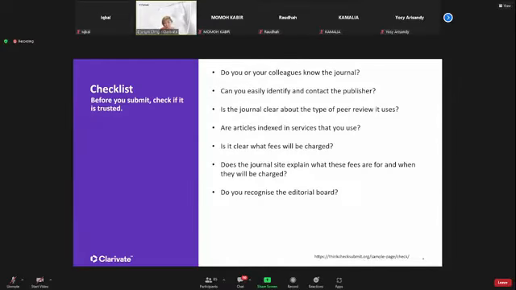There could even be some Nobel Prize winners, Nobel laureates. But what I want you to pay more attention to is the editorial board members, meaning who is the editor-in-chief, who is the journal manager, and all the other editorial team.